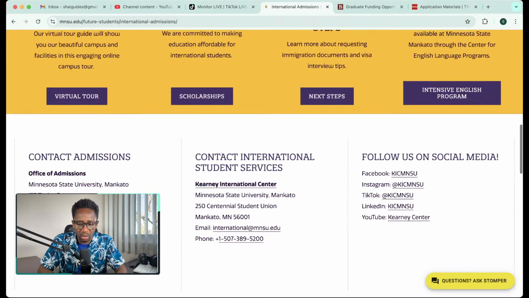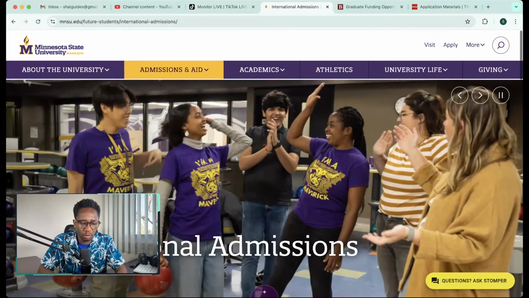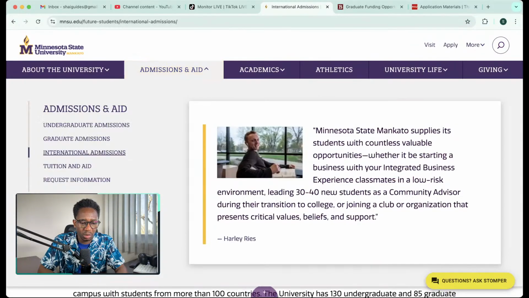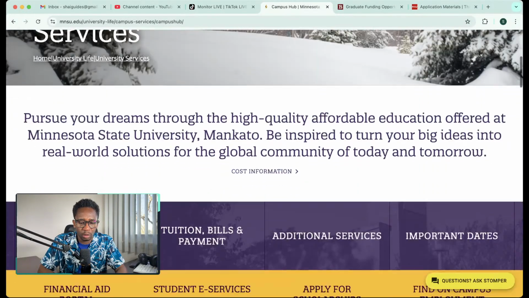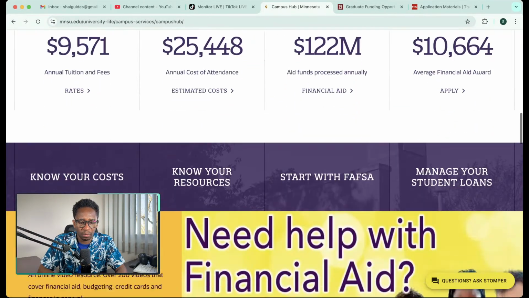If you're a graduate student, you don't need scholarships. Scholarships are not going to give you enough money, so your focus is always assistantship. If you're a PhD student, then maybe you want to consider a fellowship, right? Okay, financial stuff.